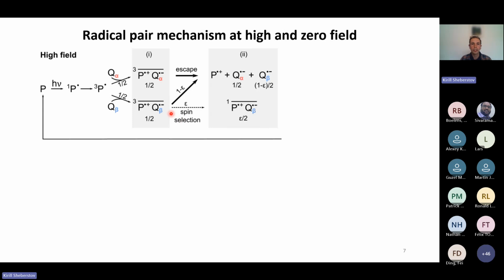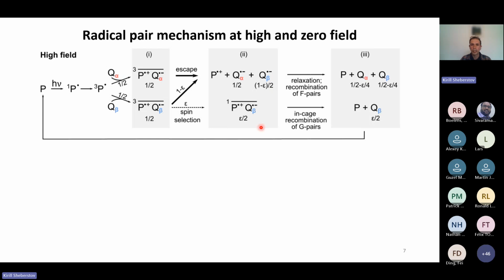And let's further assume that nuclear spins in the beta state speed up conversion of the triplet electron state to the singlet electron state, so that the in-cage recombination products will be enriched with quencher molecules containing beta nuclear states.